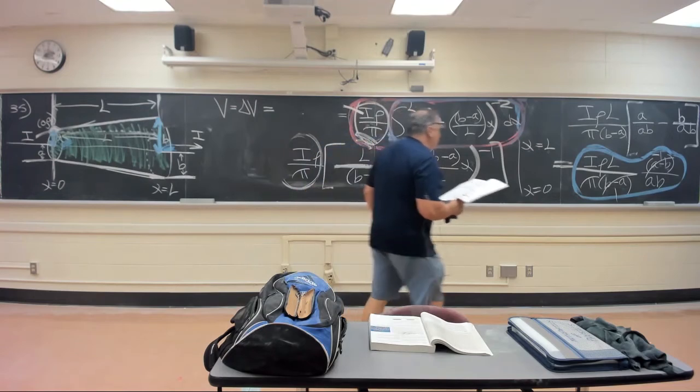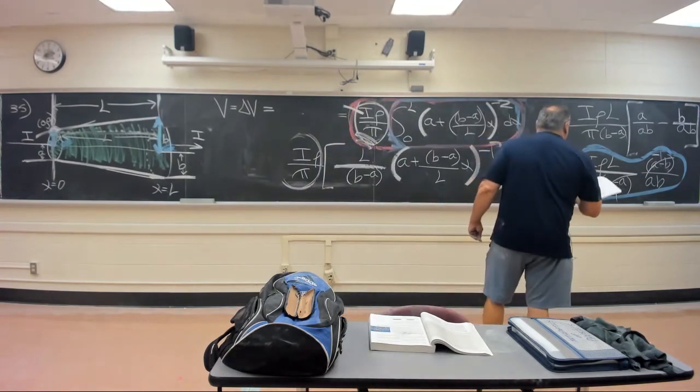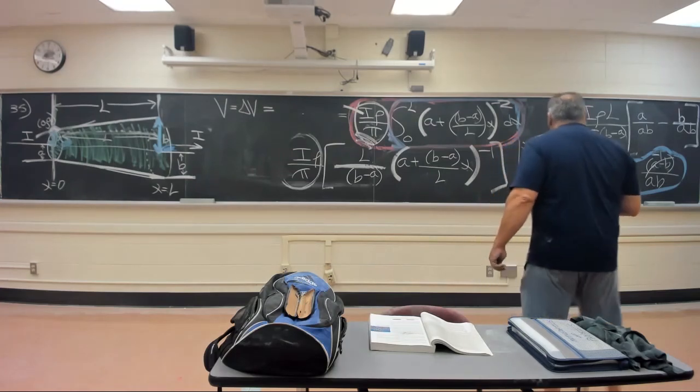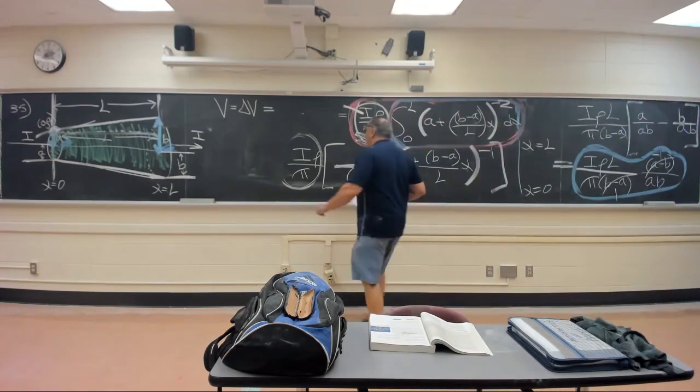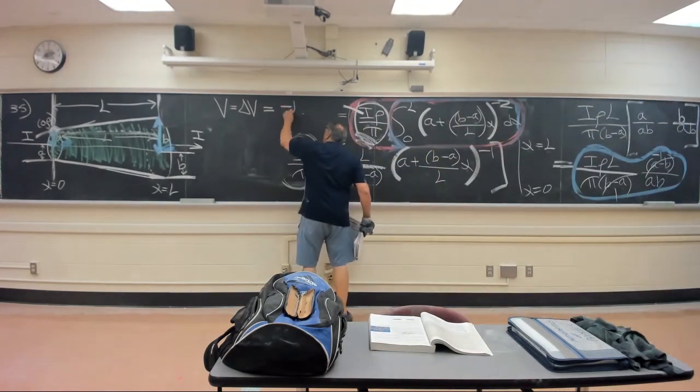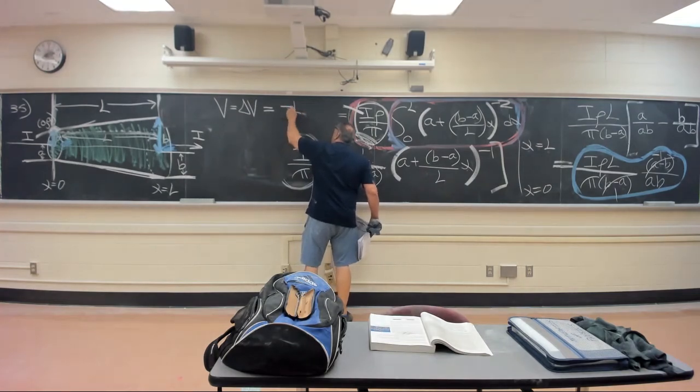I rho L times negative 1 over pi AB. I rho L times negative 1, or negative I rho L, or negative Li rho. Doesn't really matter, guys. I'm trying to stay consistent with my notes.